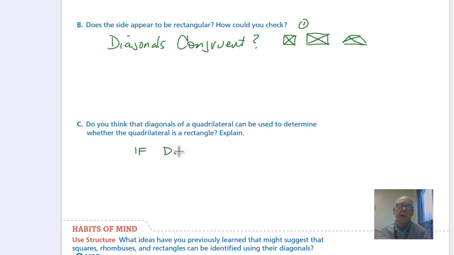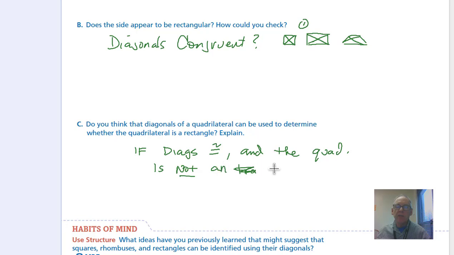So if the diagonals are congruent, and the quadrilateral is not a trapezoid, not an isosceles trapezoid, it is a rectangle.